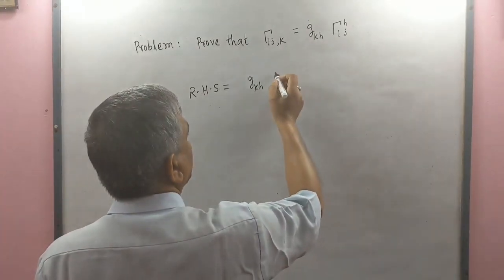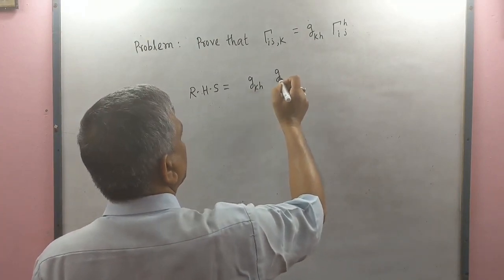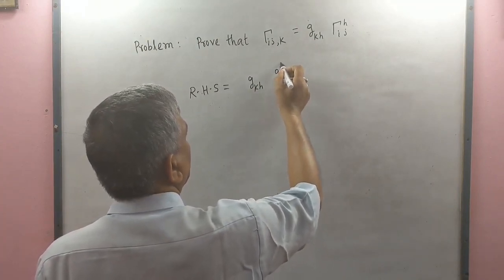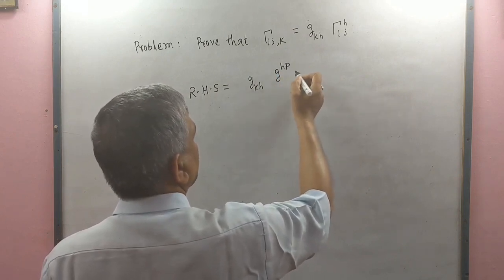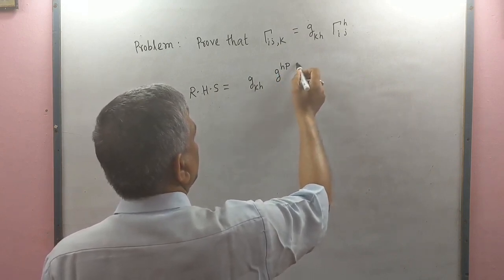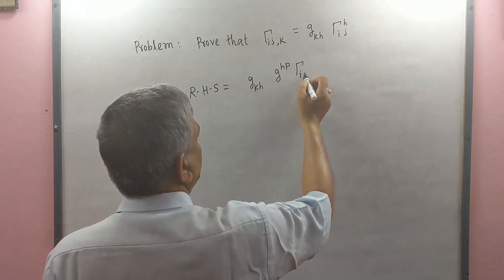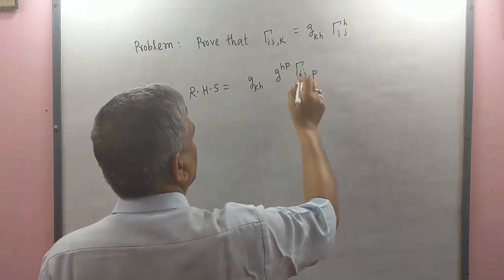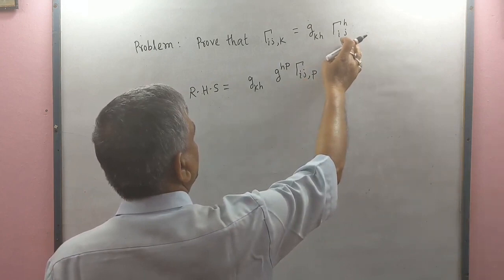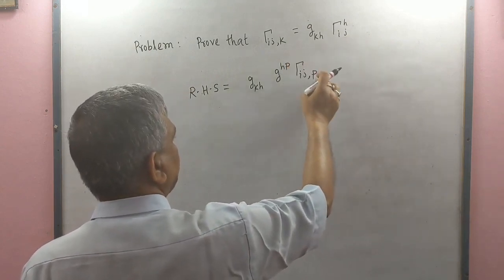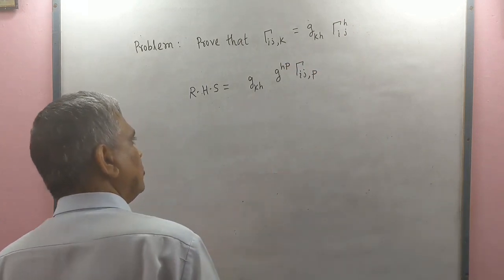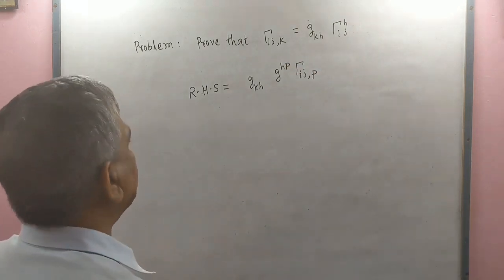So we may write g^hp, p is any dummy suffix, and [ij,p]. Christoffel symbol of second kind to first kind we have changed. Here we have given a dummy suffix. We may use any dummy suffix.